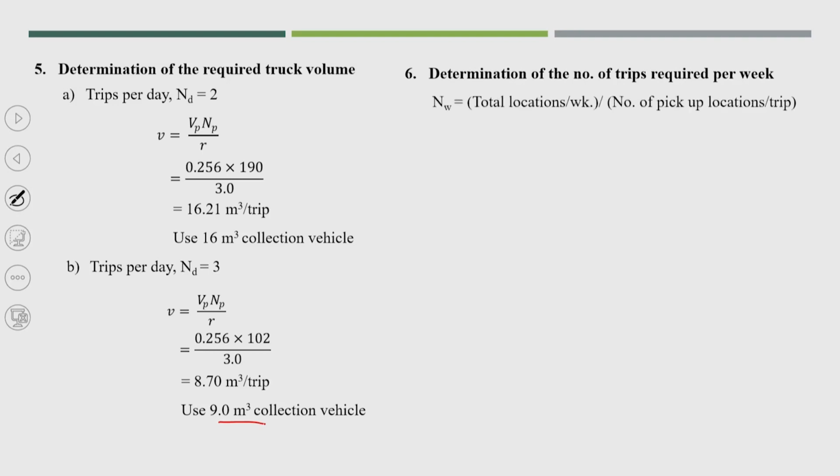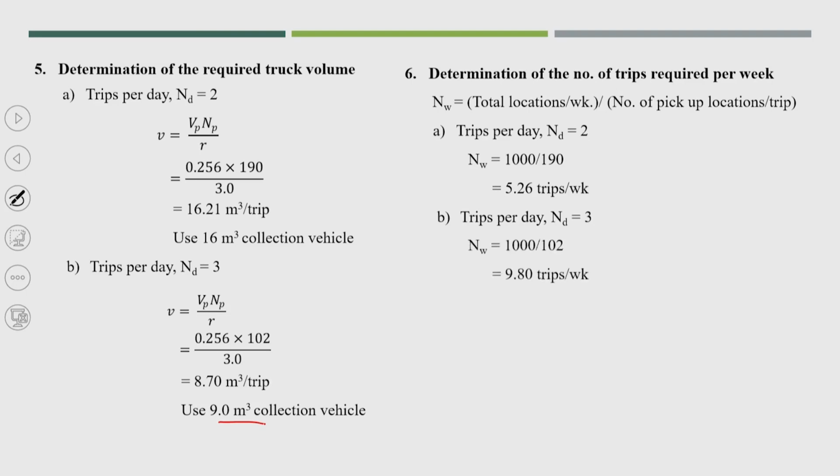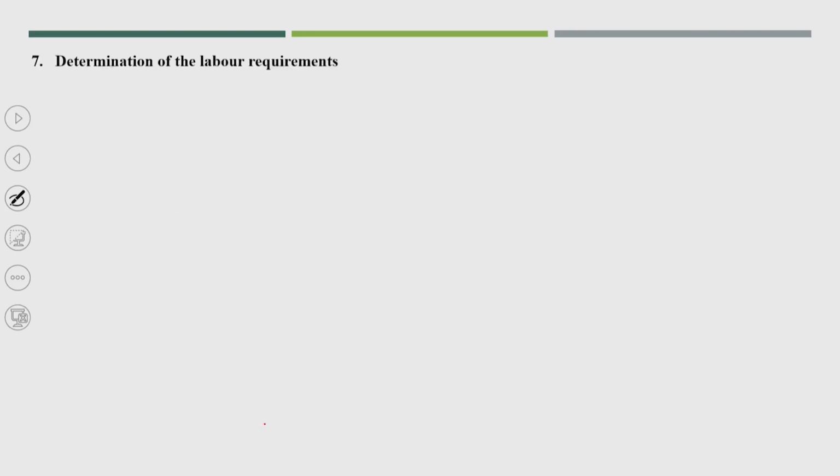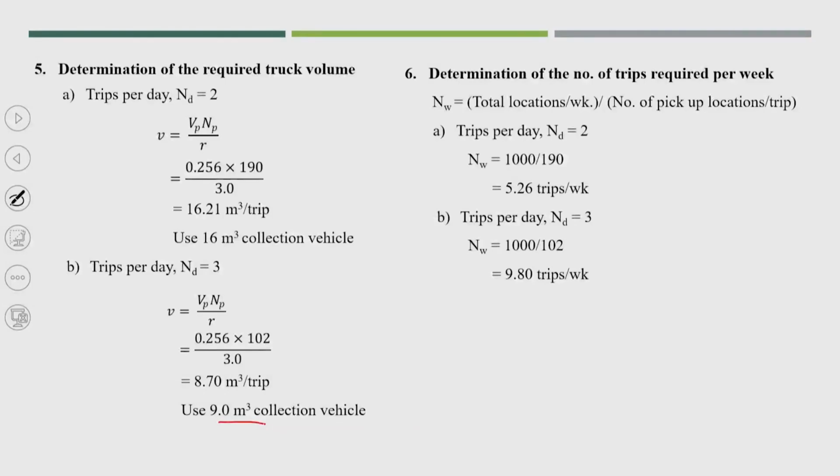So, the total locations per week and the number of pickup locations. For ND 2, 5.26 trips per week is coming out, and for ND 3, 9.8 trips per week. So, from that we can calculate the labor requirement. In that case, we can take this value 5 and this we can take 10.